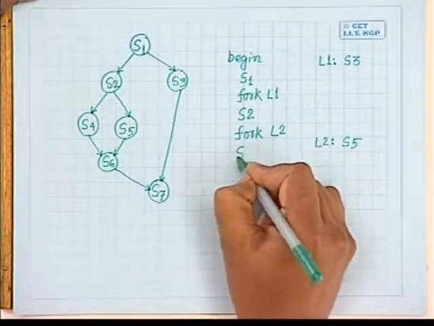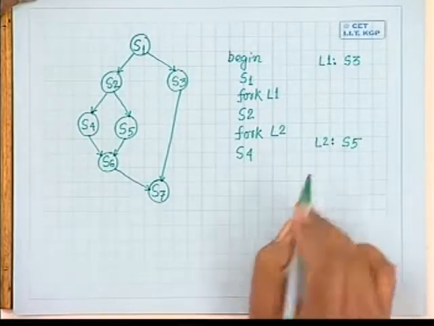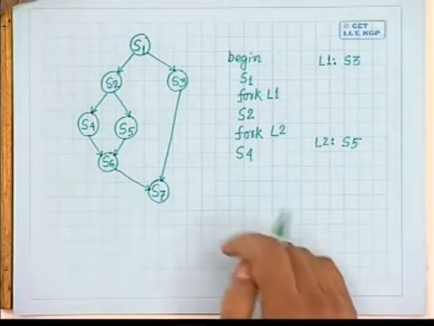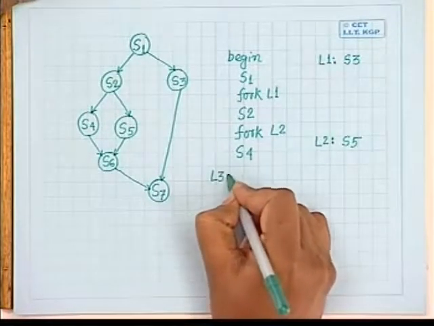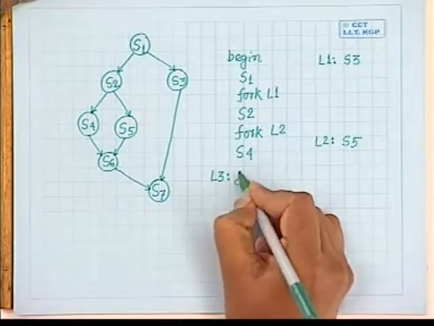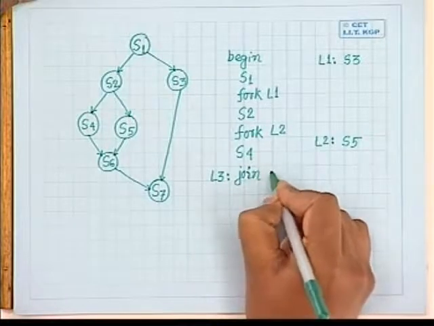Here I have S4. Now after completion of S4 and S5, two processes are to be joined. So I'll have label say L3. At L3 I put join count 1.